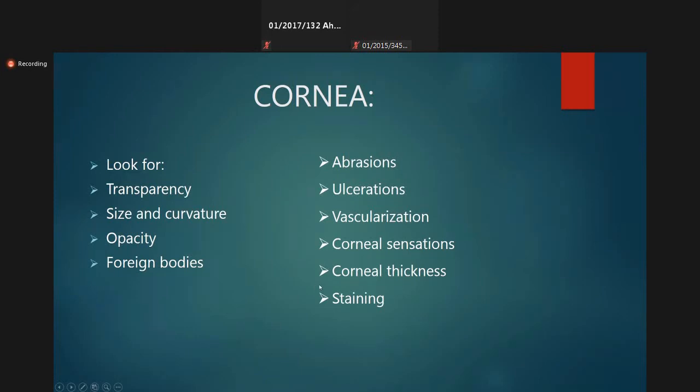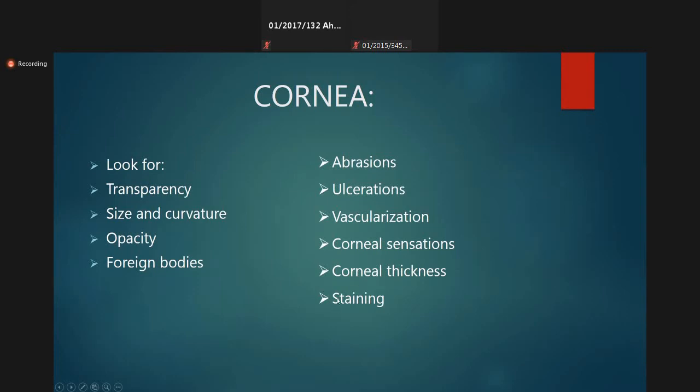You should note any corneal thickening. Corneal thickening means corneal edema. Acute corneal edema may be due to increased intraocular pressure. Remember only one condition: increased intraocular pressure may cause increased corneal thickness.